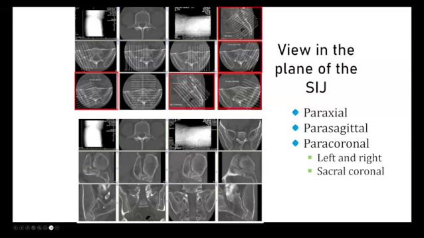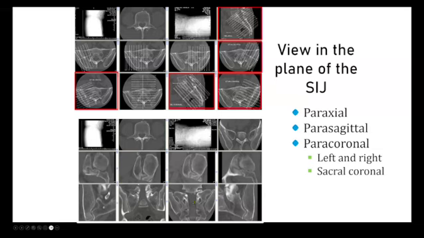This is an oblique sagittal cut where you can see the sacroiliac joint much better. This is a plain coronal cut of the sacroiliac joints, but if you do a paracoronal, you see the sacroiliac joints in the recess quite differently. If you see a true coronal of the sacrum, you see even more, including the vestigial segmentation and so on.